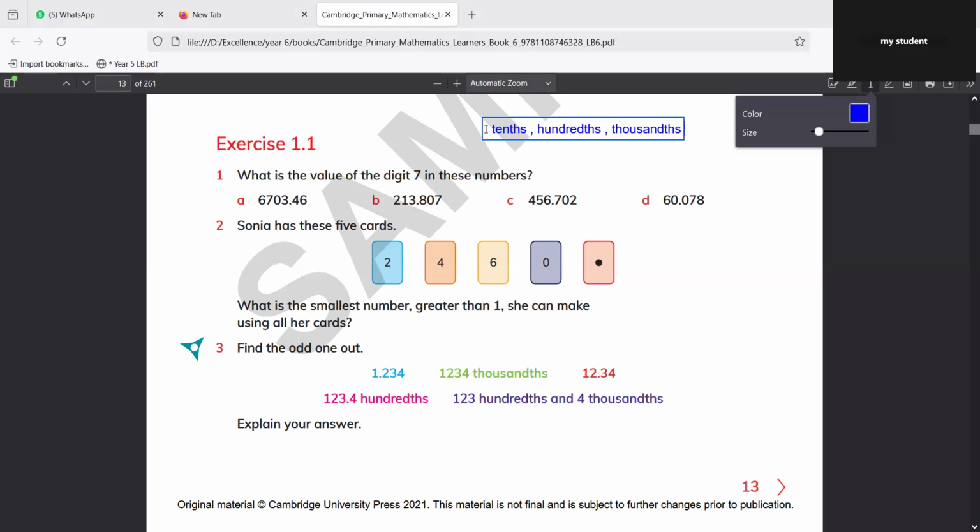So when we go to the left part, the first number on the left of the decimal point is called ones. And the one after is called tens with an S. And the one after is called hundreds. And the one after is called thousands.